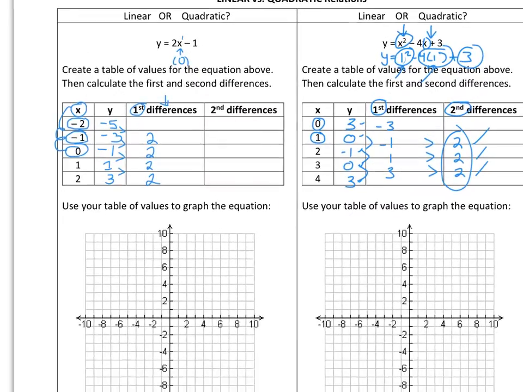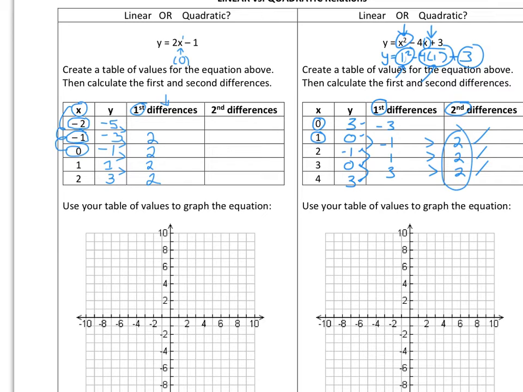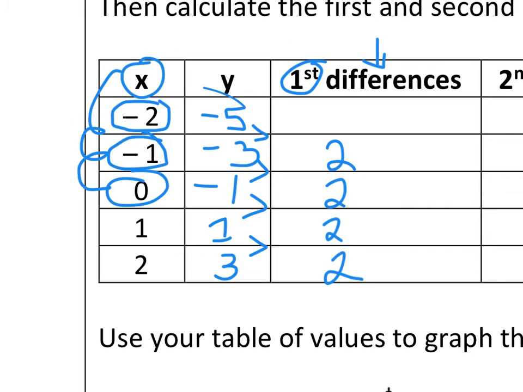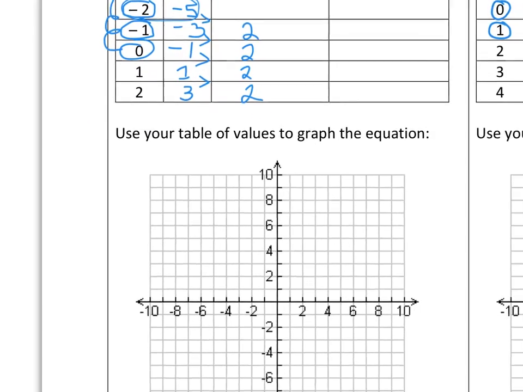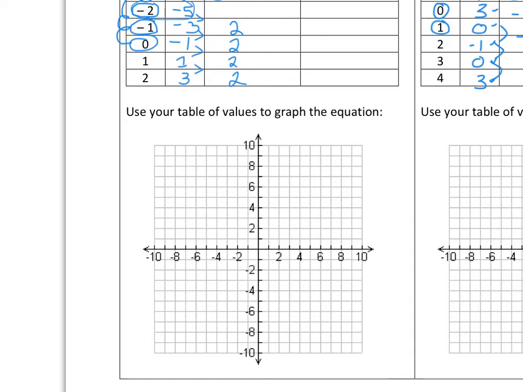So now graphing these two different equations, we're going to make a straight line and we're going to make a parabola. Now to graph, remember, you're plotting points. So the first point that I'm going to plot for my linear equation is at negative 2 and negative 5. The next point is at negative 1 and negative 3.